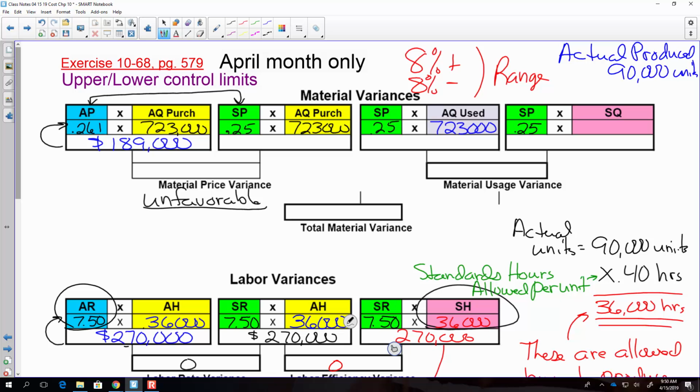Anybody computing this? 187.50 is the, yeah, that one. Or no, 180,000. Oh. 750.